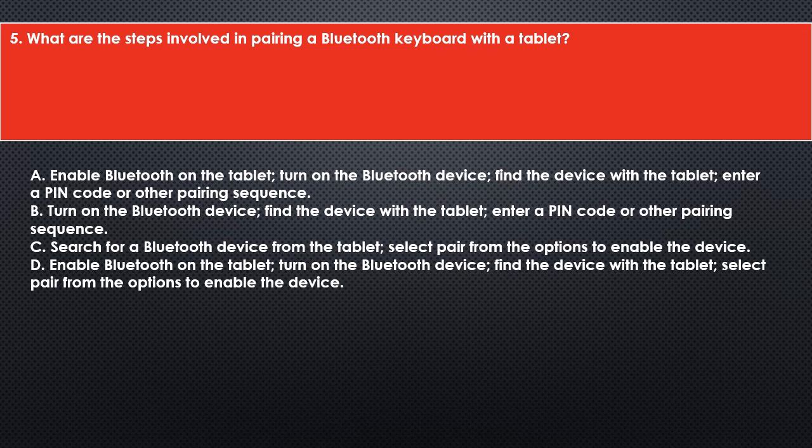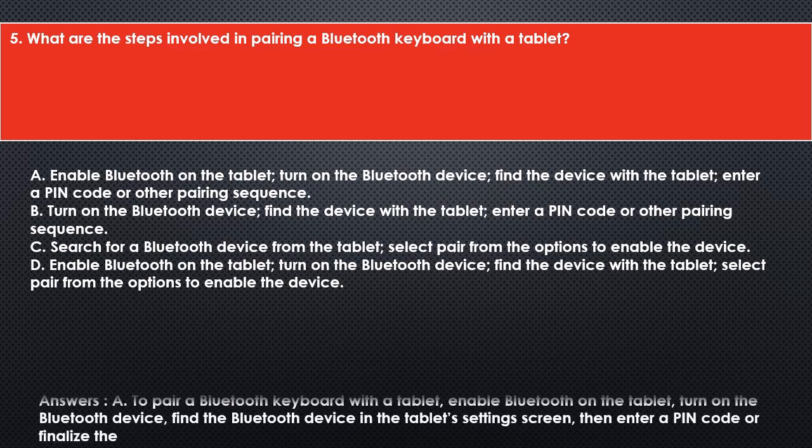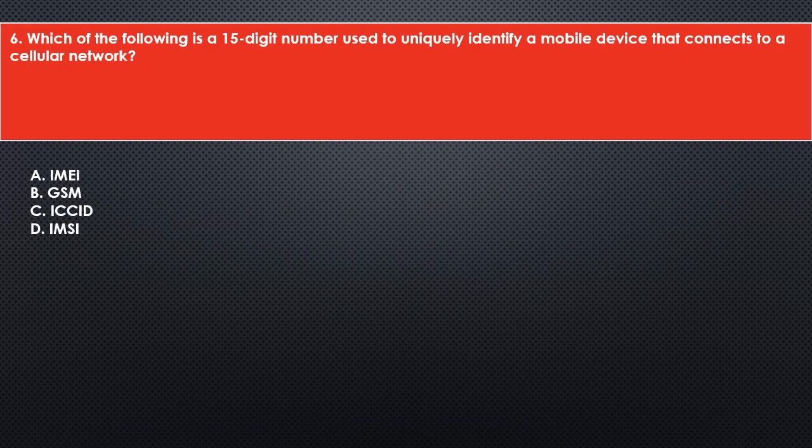D. Enable Bluetooth on the tablet, turn on the Bluetooth device, find the device with the tablet, select pair from the options to enable the device. Answers: A. To pair a Bluetooth keyboard with a tablet, enable Bluetooth on the tablet, turn on the Bluetooth device, find the Bluetooth device in the tablet's settings screen, then enter a PIN code or finalize the pairing.